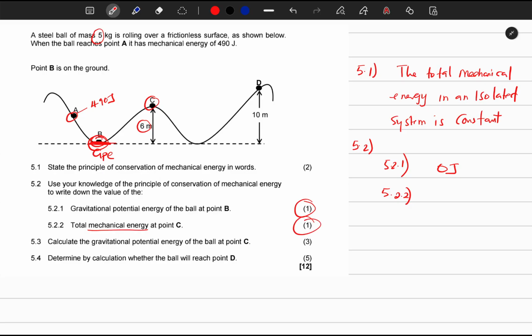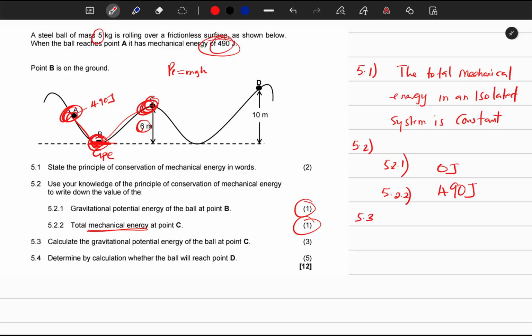So the same energy it had at this particular point will be the same there. So 490 joules. Remember they are saying mechanical energy. If they said potential energy, it could have been different. You could have used potential energy is equal to mgh, then we could have put the height there. But they are saying mechanical, which means they're talking about the combination of potential and kinetic together, which is given as this.